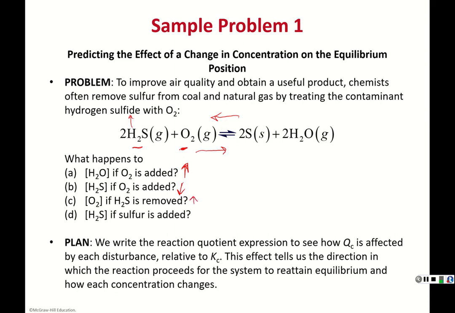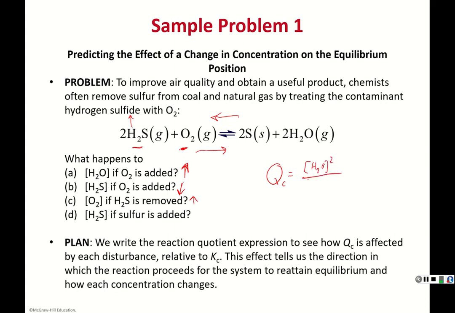Right, and then finally, the concentration of H2S if sulfur is added. Right, you might be tempted to say, oh, you add sulfur, it's going to push the reaction in the opposite direction, right? Push it to the left. But remember, it's only things that affect the reaction quotient. So I probably should have done this to start, but our reaction quotient here is products over reactants.